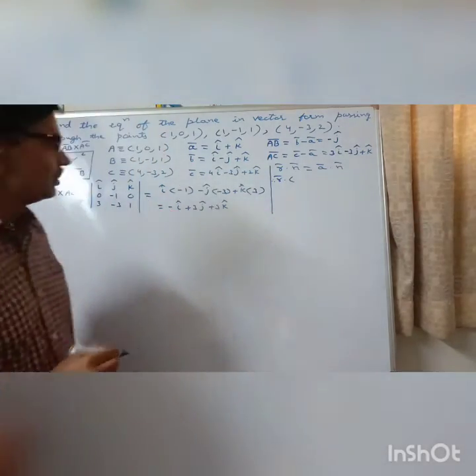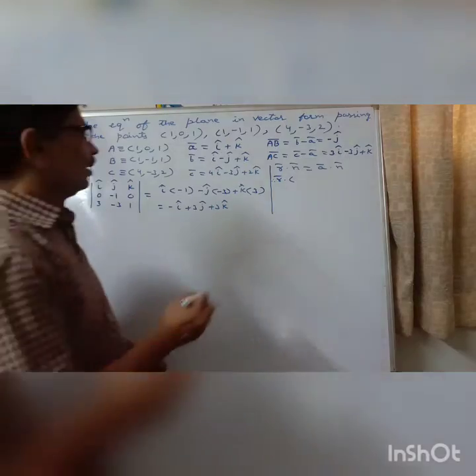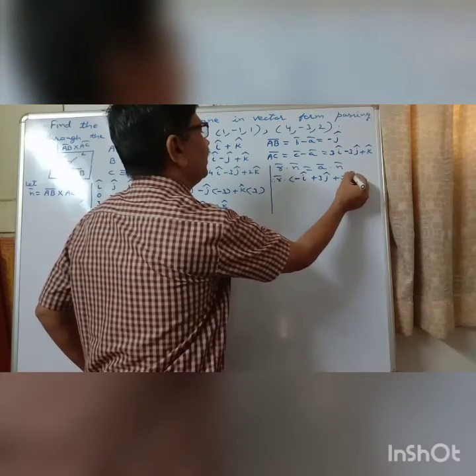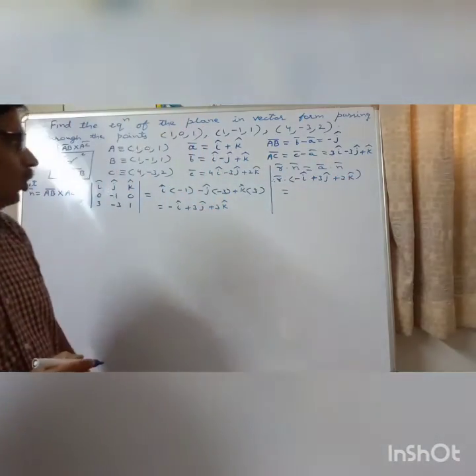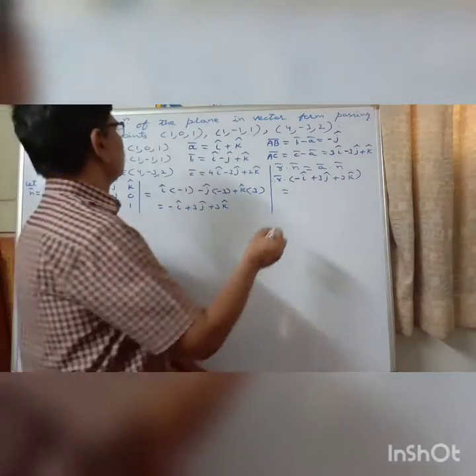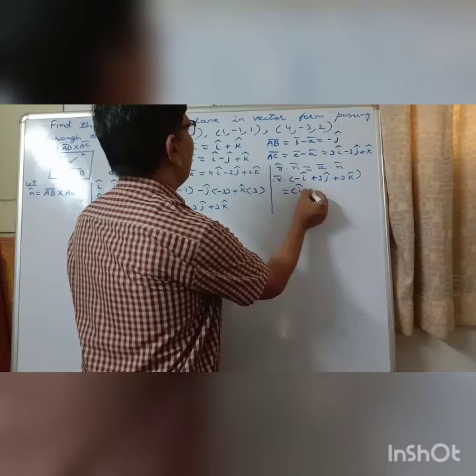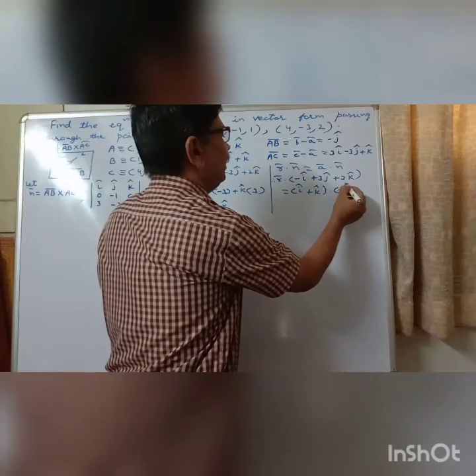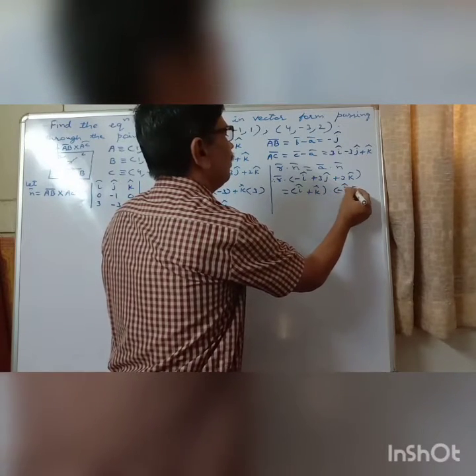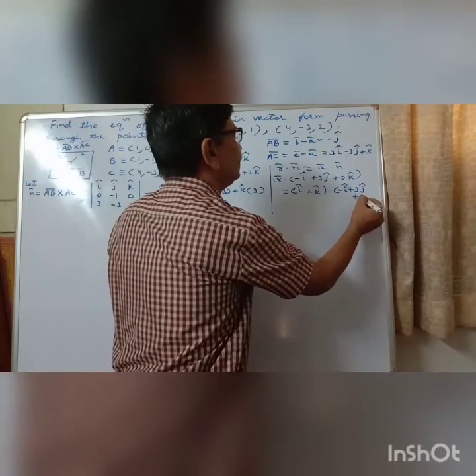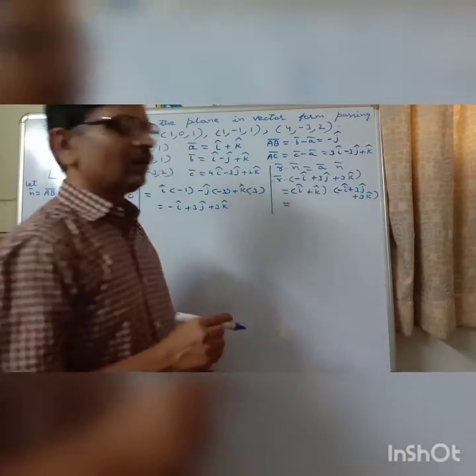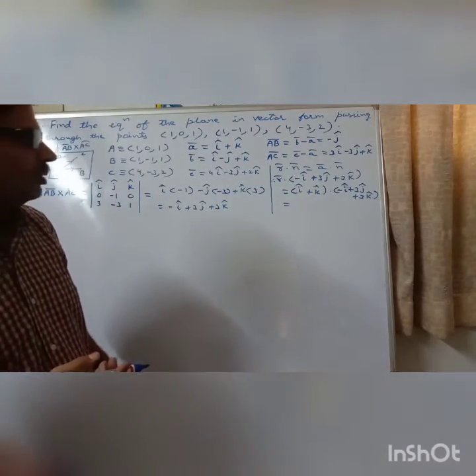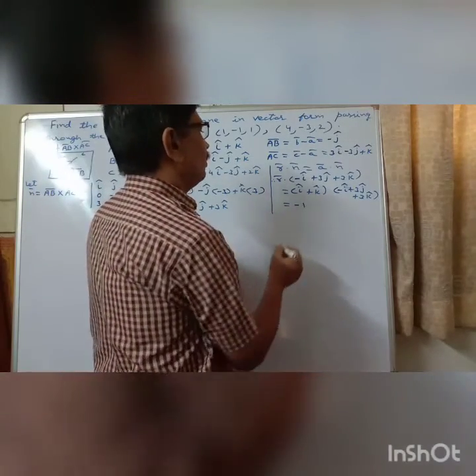R bar dot N bar, the normal vector, minus i plus 3j plus 3k, equals the dot product of two vectors here, A bar, i plus k, dot in another bracket, minus i plus 3j plus 3k. Find the sum of the product of coefficients of i, j, k. 1 into minus 1, minus 1.